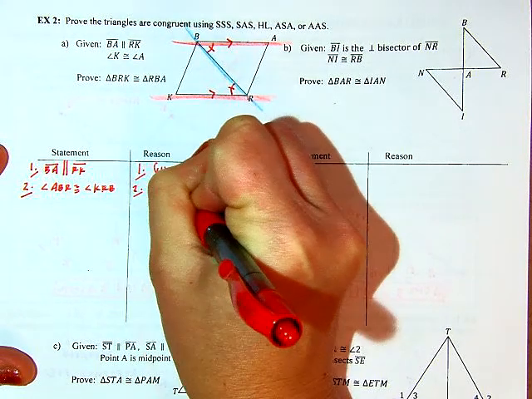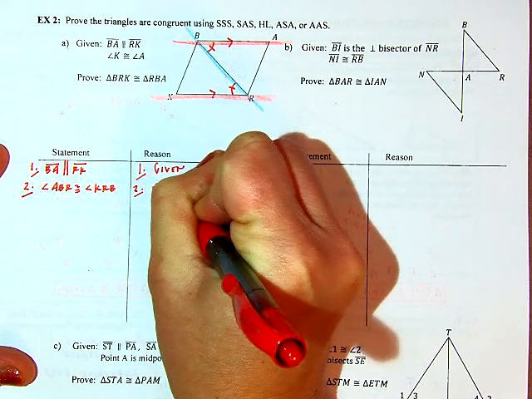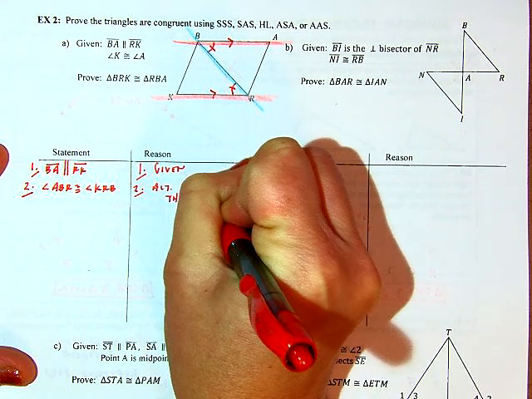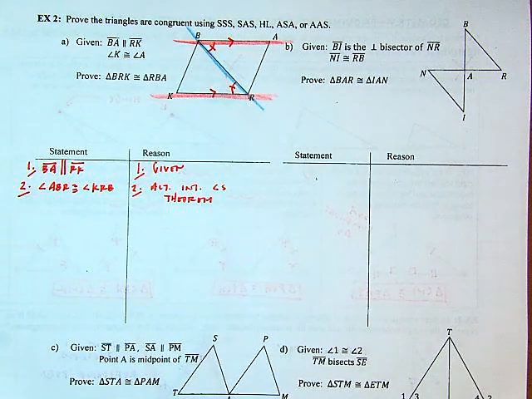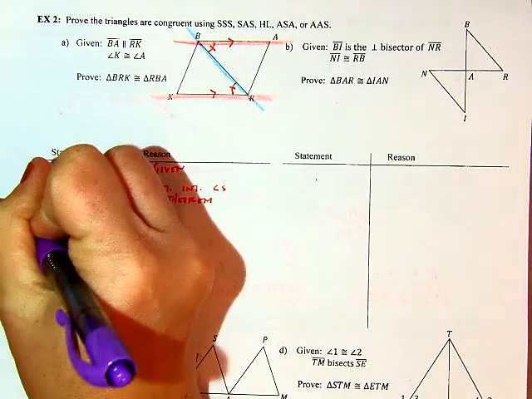Alternate interior angles theorem. Okay, so I built my first layer off of the parallels, but now I'm kind of stuck. So I look at my next given, and I see that K is congruent to A.